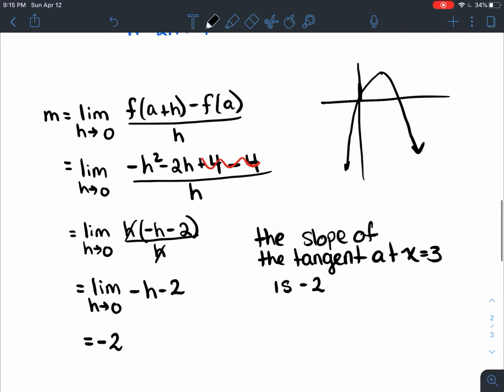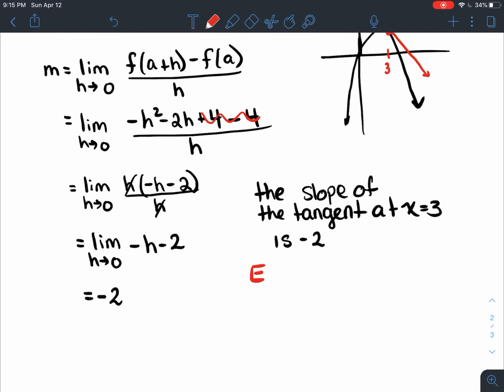I don't know exactly what it looks like, but something like that. When x equals 3, so say x equaled 3 right there, right at that point, we know that the slope is negative 2. So if you were to draw a tangent line, we know that the slope of that tangent line is negative 2. We could even write the equation of that tangent line if we wanted to.